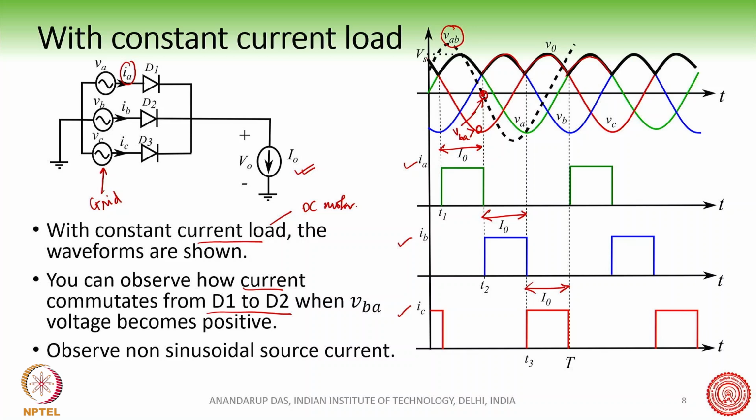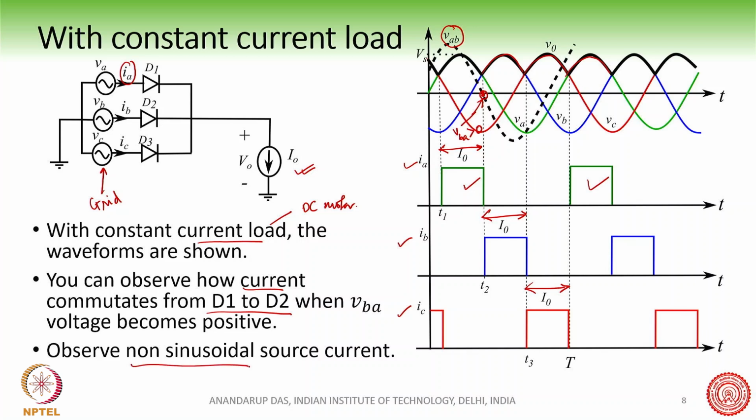Therefore the IA current is something like this waveform here. So in this case, with a constant current load, the source current is highly non-sinusoidal.